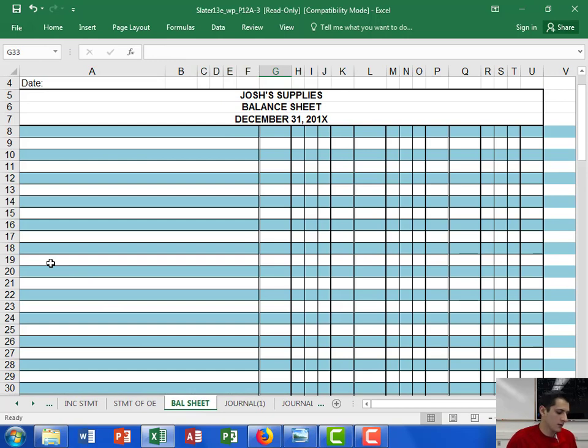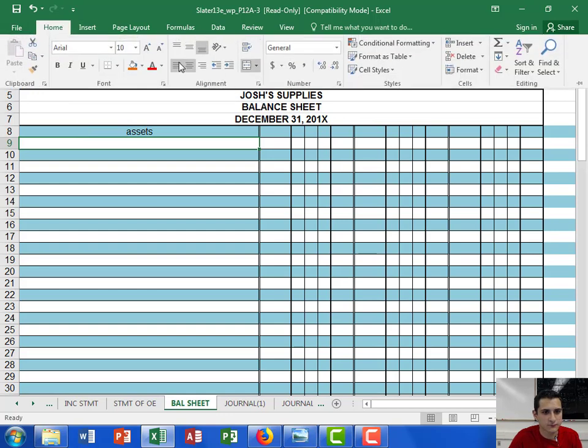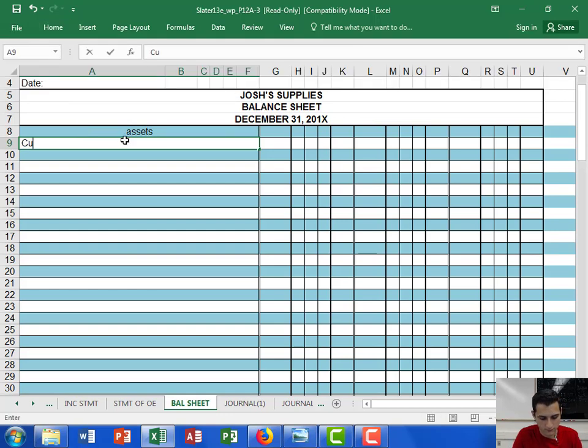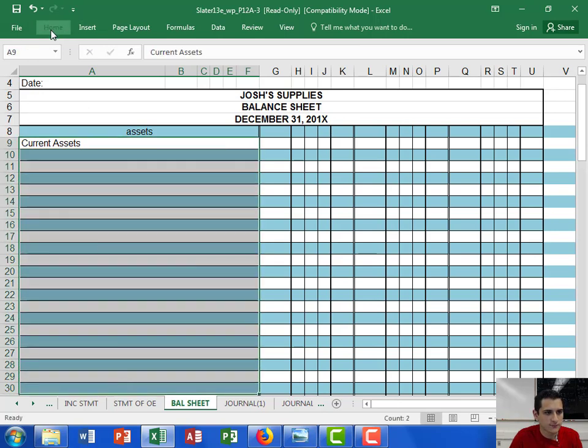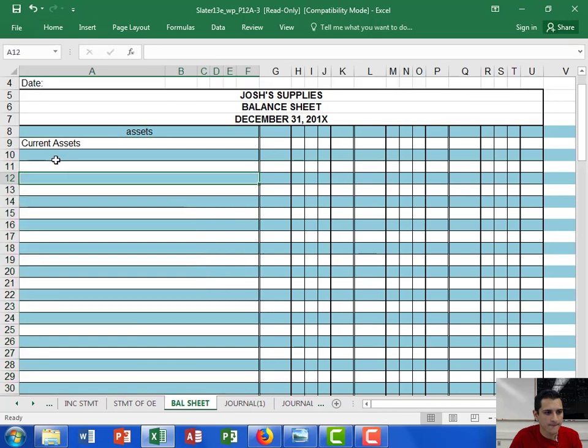And finally, your balance sheet. Now your balance sheet is going to look like this, where your assets come first. Assets. Where your current assets are going to be your cash.